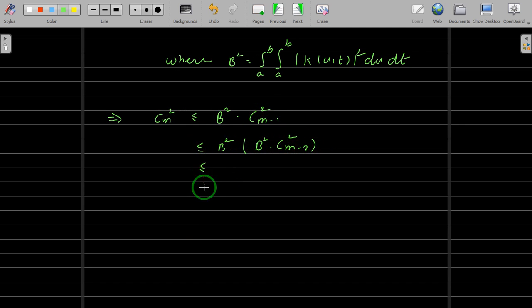Likewise, and finally you will have b square into something, and finally you will have C1 square. Can you tell me what this will be? C_{m-1}, C_{m-2}, C_{m-3}, so up to 1 you will go. So how many b squares will be here? That is the question.